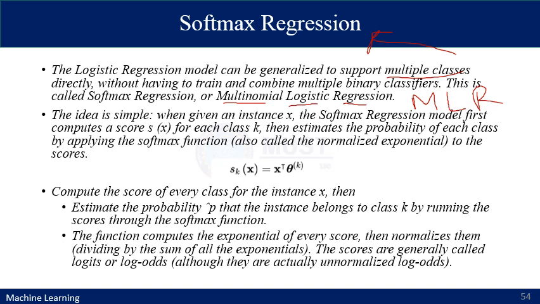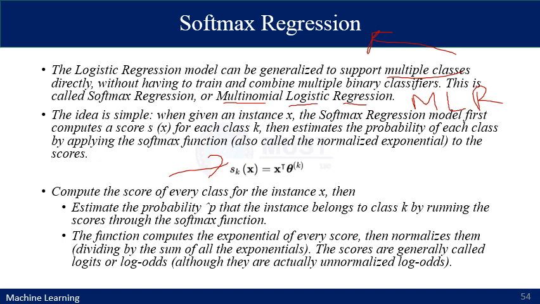When given an instance x, the softmax regression model first computes a score f of x for each class k, then estimates the probability of each class by applying the softmax function, also called the normalized exponential, to the scores. So here is the formula to calculate the softmax estimation.